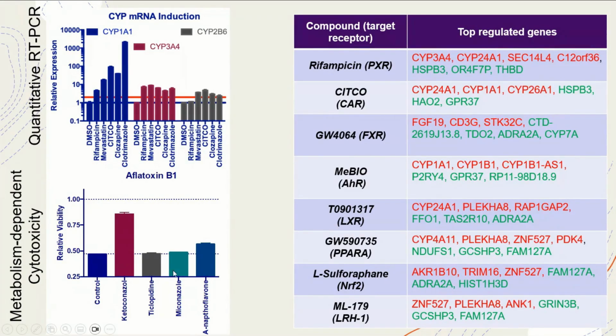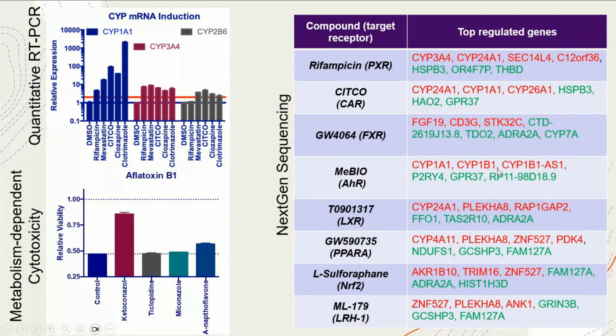So what we've done here is treat the Upcyte cells with inhibitors of different phase 1 enzymes, and then treat with aflatoxin B1. You can see here that the CYP3A4 inhibitor decreases the toxicity of aflatoxin because it decreased the metabolism through CYP3A4. So a very nice system to look at drug-drug interactions.